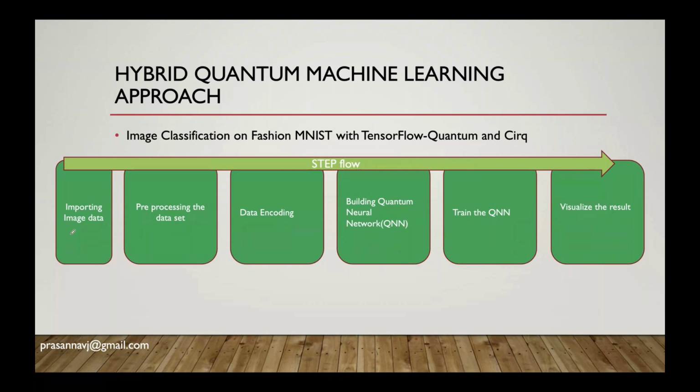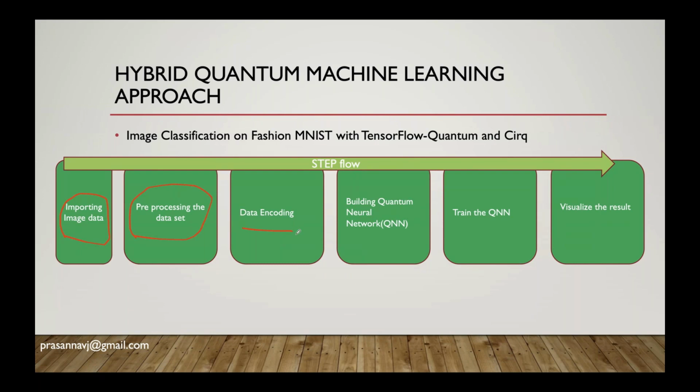The first step is the import of the data, whatever data we wanted to use, and you perform EDA on the data. You pre-process the data and get the final processed data, and you may have to encode the data in a way that it can be utilized as part of your quantum machine.